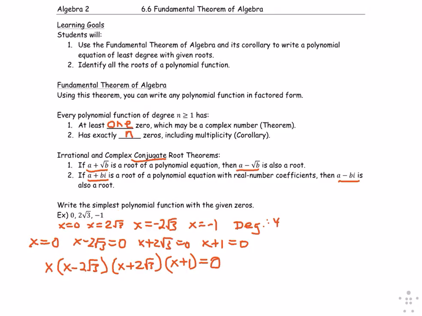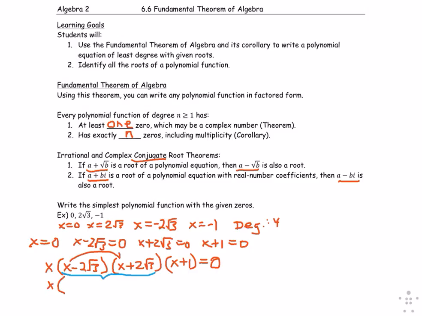So now we need to be very careful on how we distribute, because these make an irrational conjugate pair. I want to multiply those together because the outer and inner products will subtract out to 0.